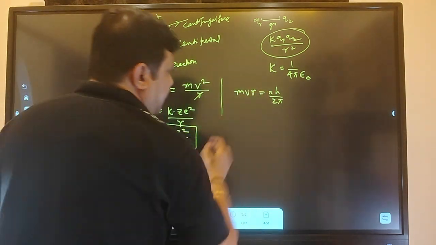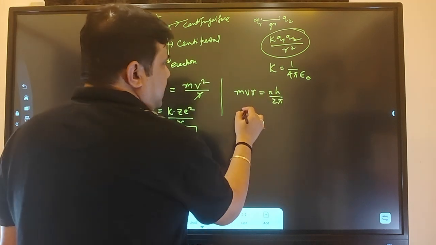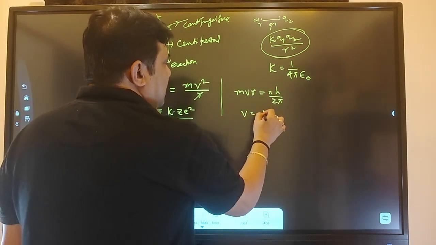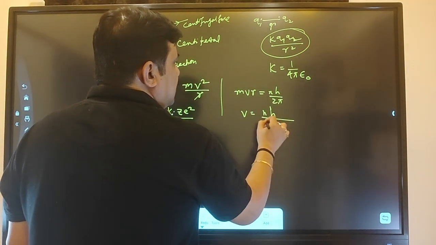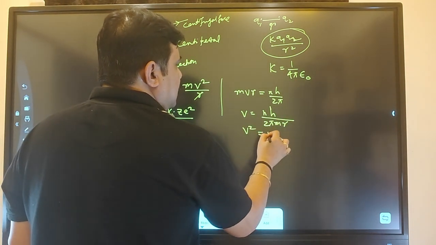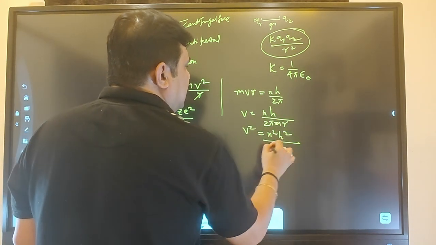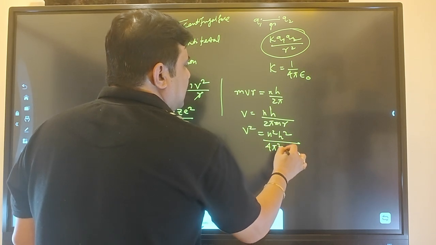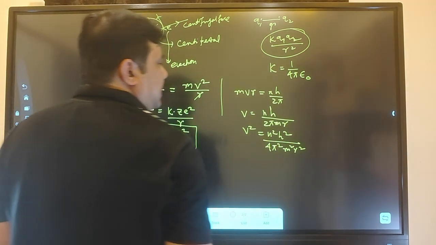Now from mvr equals nh by 2 pi, I can write v equals nh by 2 pi m r, then v square equals n square h square by 4 pi square m square r square.